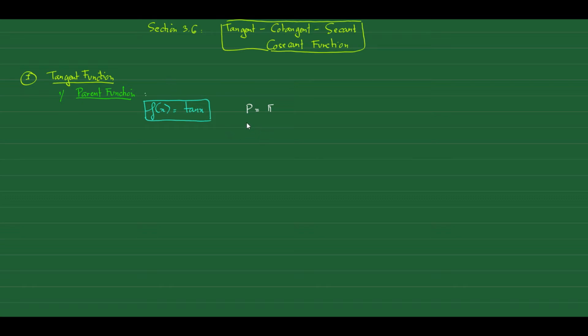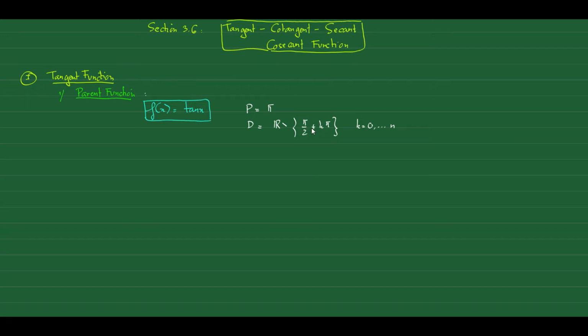The domain will be all real numbers except for pi over 2 plus k pi. What I mean is, if k equals 0, then at pi over 2 there is going to be a vertical asymptote right over there.